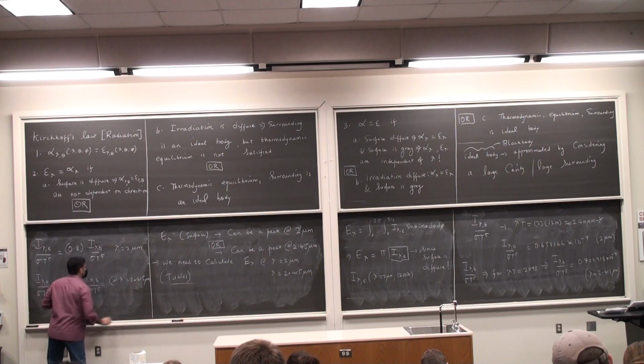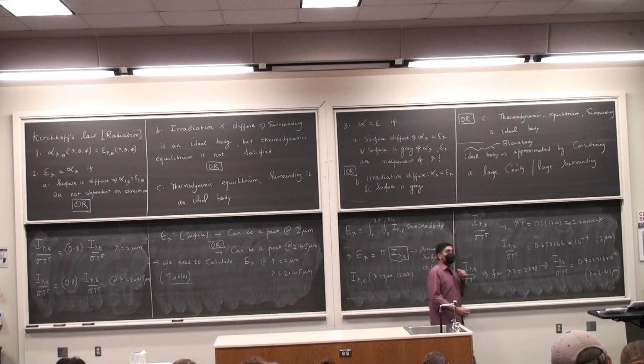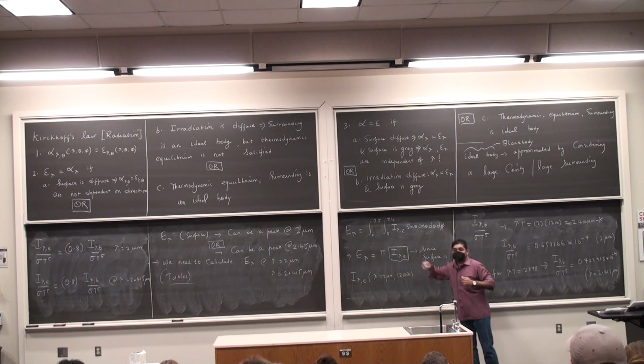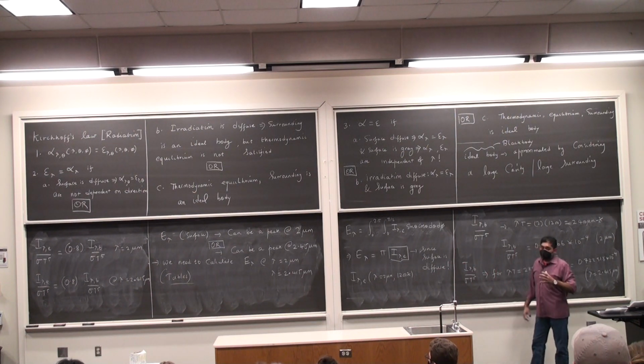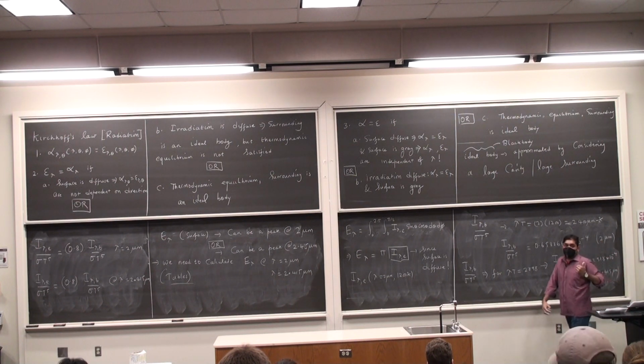I just want to pause here. Here is what I'm doing. I'm calculating the spectral emissive power of the real surface, which I figured out is pi times this intensity here. This spectral emissive power is 0.8 times the spectral emissive power of an ideal body at 2 micrometers and beyond.